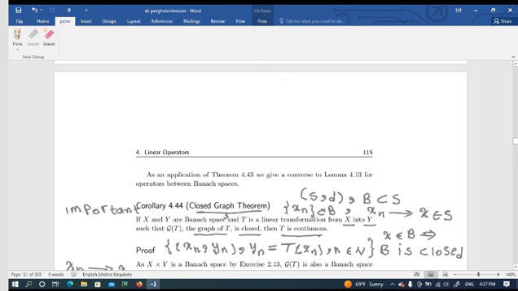This is a corollary of the open mapping theorem, and it says that if X and Y are Banach spaces and T is a linear transformation from X into Y, and the graph of T is closed, then T is continuous.